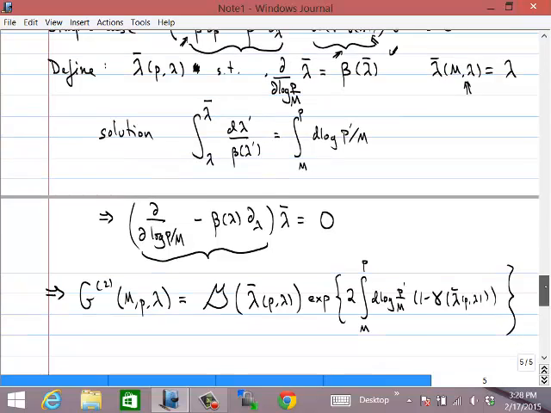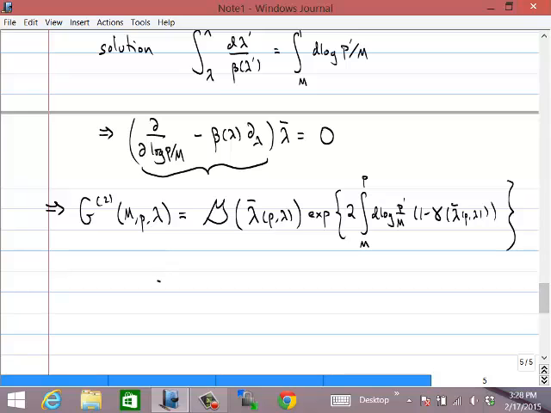Or if you want to write this a little bit more closely to the expression for free field theory, you can do this part of the integral explicitly, and you get a 1 over p squared times some function of lambda bar times the exponential of twice the integral of gamma.